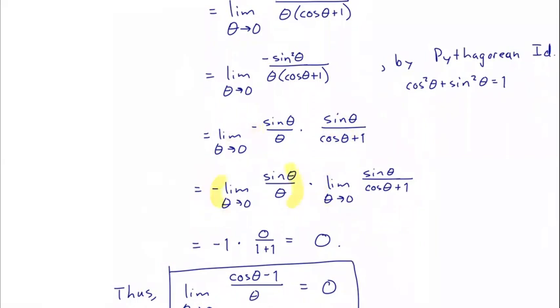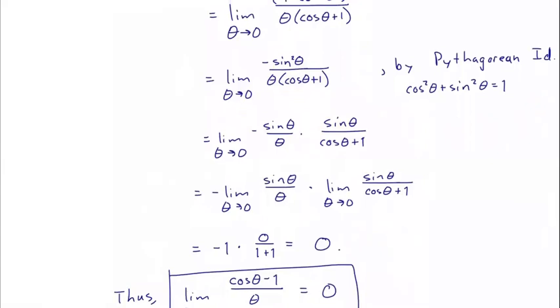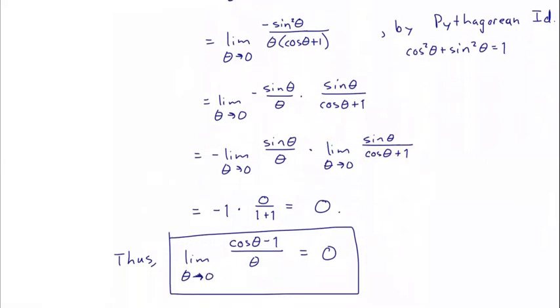So it'll be -1 once we evaluate this limit from our previous rule that we saw, our theorem. And this one we just saw by analysis goes to 0. 0 over 2 is just 0. So what we have in total is that this limit is -1 times this limit, which is 0 over 1 plus 1, or 0 over 2, which is just 0. And so that product is 0.